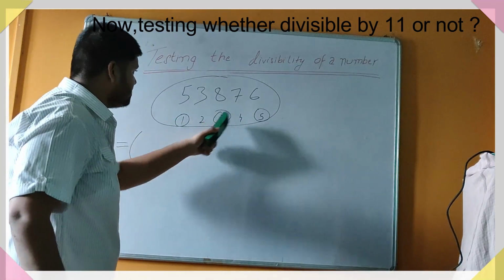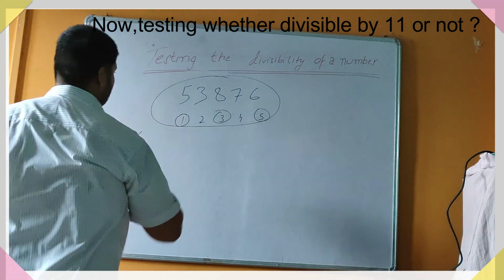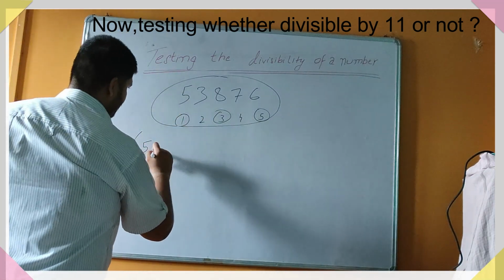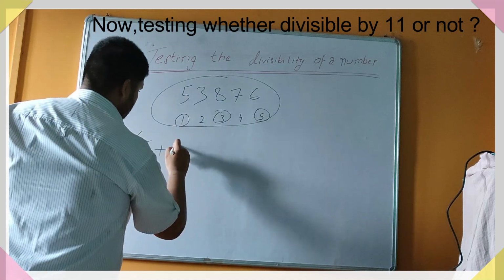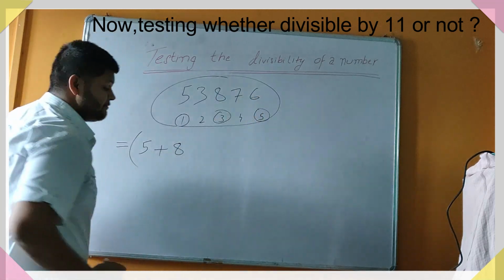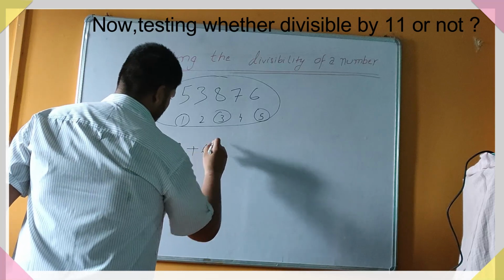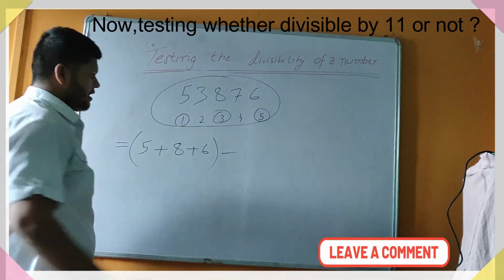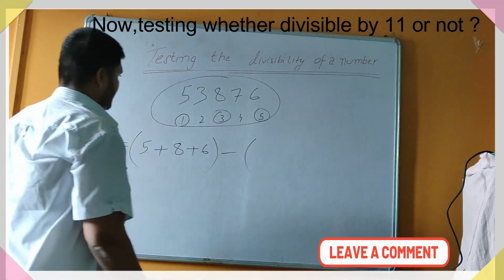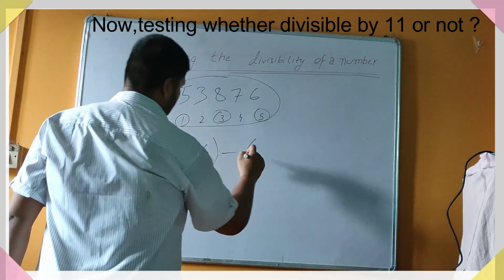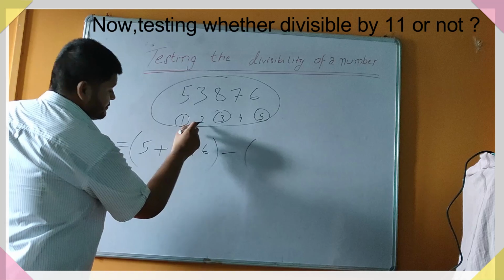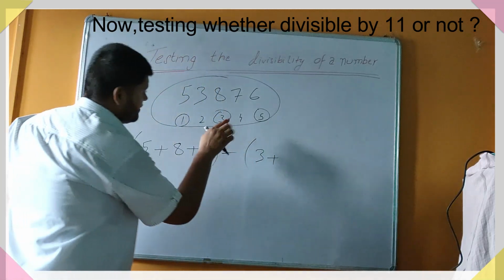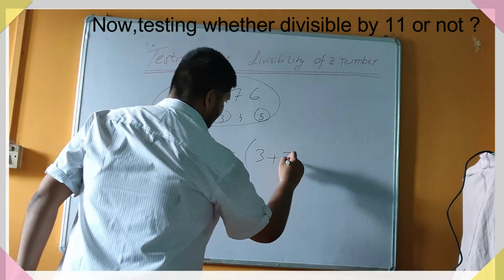But don't add these numbers. The corresponding value you need to add. 1 corresponding value is 5, 3 corresponding value is 8 and 5 corresponding value is 6. Okay? And after this you need to put a minus symbol and then open the bracket, and the rest you have to put in: the corresponding value of 2 you have 3, and the corresponding value of 4 you have 7.